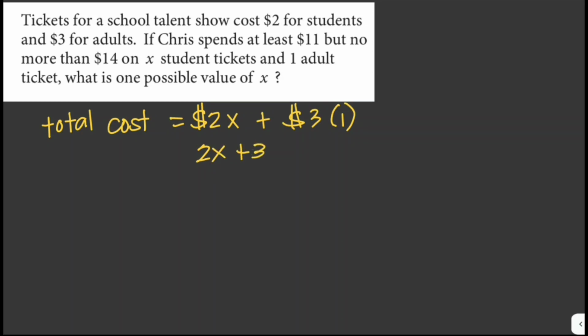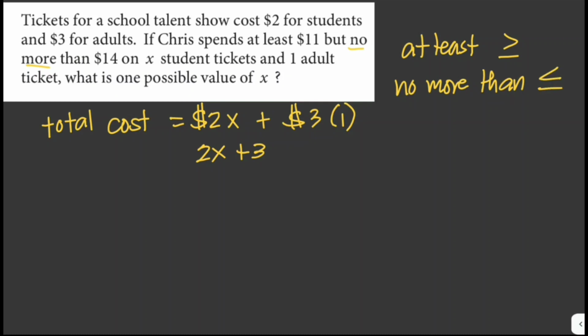And it says here Chris spends at least $11 but no more than $14 on the tickets. At least means no less than, or greater than or equal. When you say no more than, okay, that means at most, or less than or equal to.